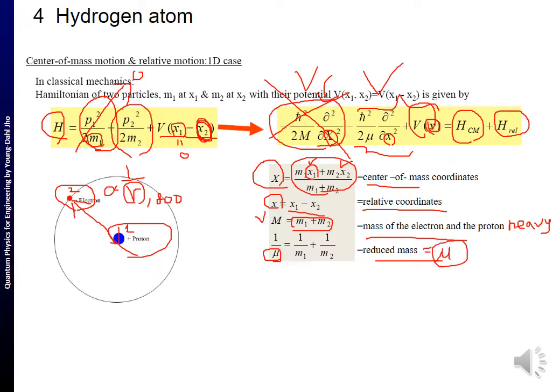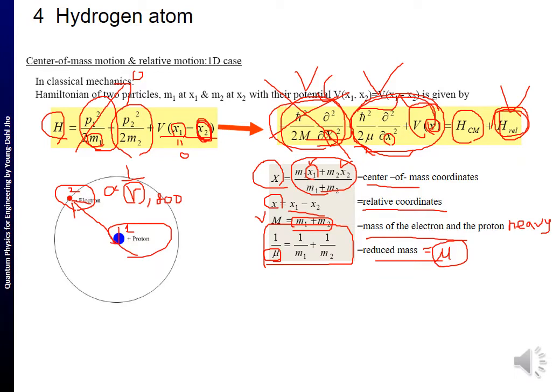To calculate mu, you need to consider this, 1 over mu equals 1 over M1 plus 1 over M2. If you look at the structure again, we'll focus on this. This will be very small, and it only has the kinetic energy part. So this one matters most in this class.